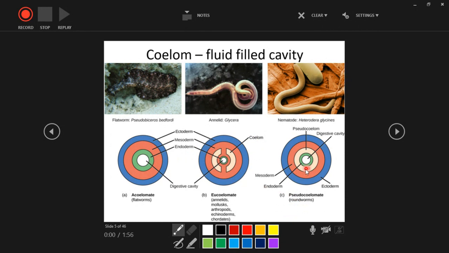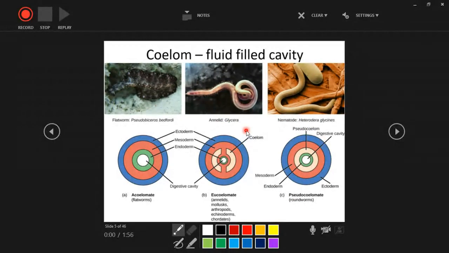The pinkish part is the coelomic area, called the pseudocoelom, because you have the mesoderm on one side of it, and then on the inside you have the endoderm. It's not totally surrounded by just the mesoderm. The example for a pseudocoelomate is the roundworms. These are nematodes. Nematodes are roundworms. Annelids, usually, are called earthworms.